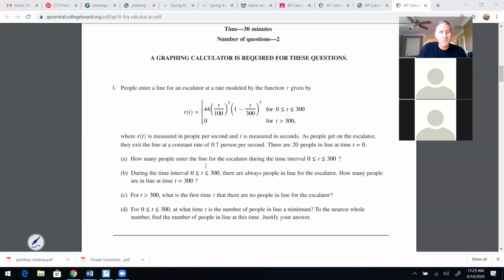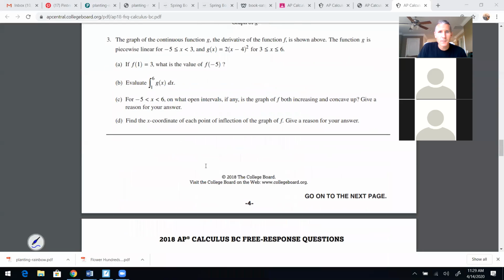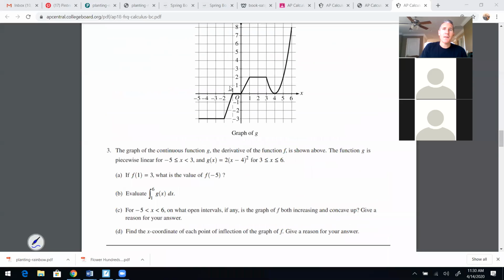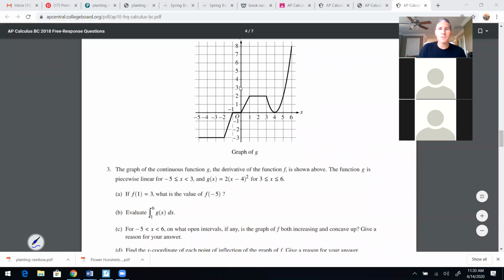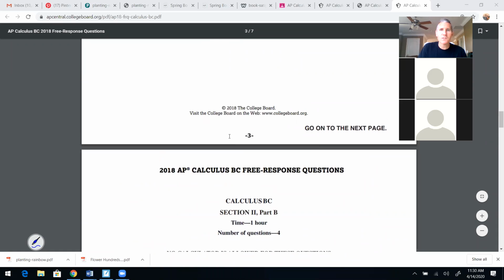A very common free response question is where they use a table and ask you certain questions based on the table of values. And then another one is them giving you something graphically and having to answer questions that way. So these are the questions that we're going to focus on right now.